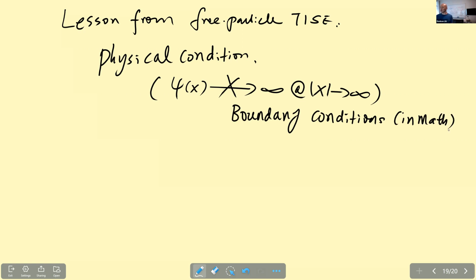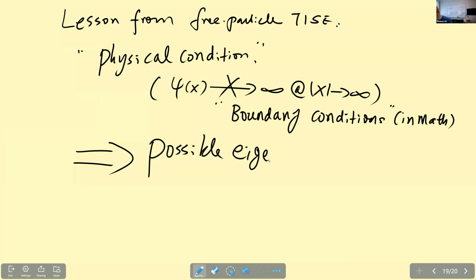So it's this kind of physical condition in physics, or boundary conditions in maths, that gives the possible eigenvalues of H. That will fix E, so not all E are possible. In the case we have considered, E must be positive for free particles.